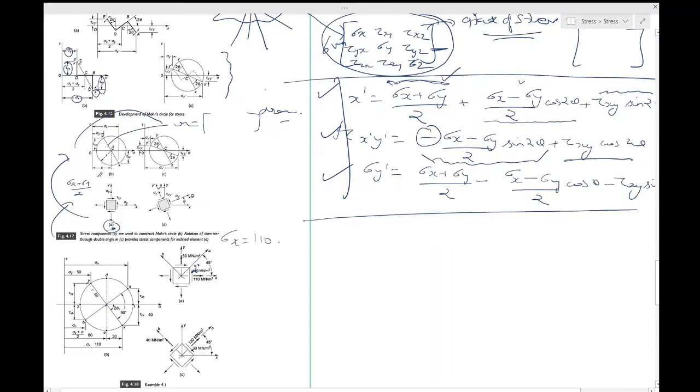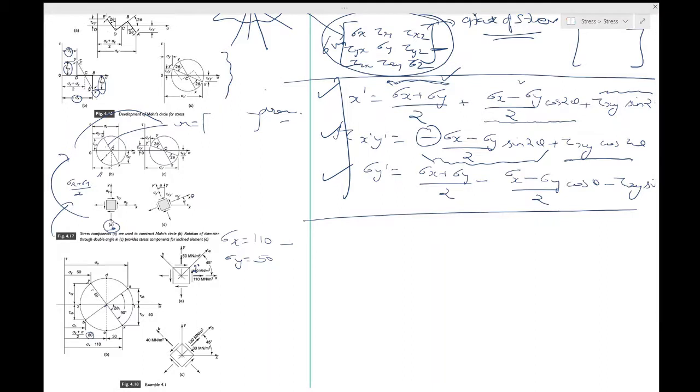I'm not writing the units just so that it takes less space, and then you have 50. So (sigma x plus sigma y) by 2 would be 80, and that's how you have the center of the circle over here. It will lie on the sigma axis, so there's no point in trying to find tau, which will be 0 over here. Okay, so the center of the circle is found.